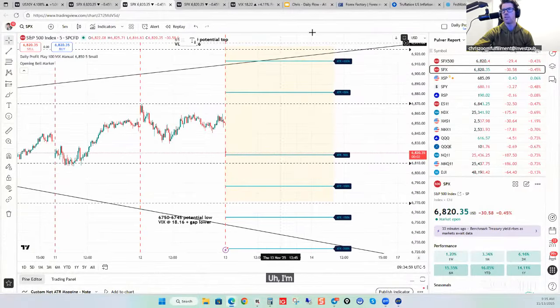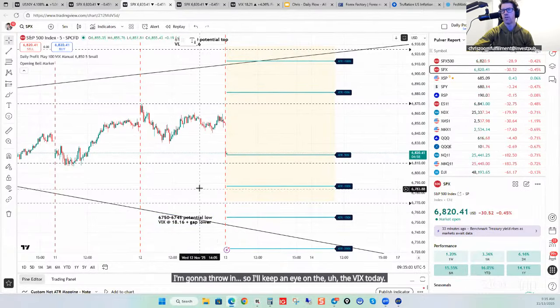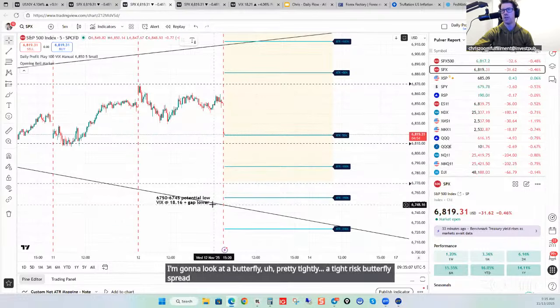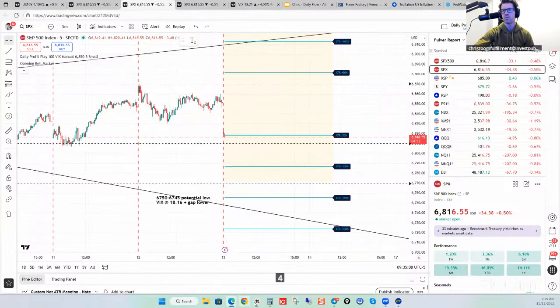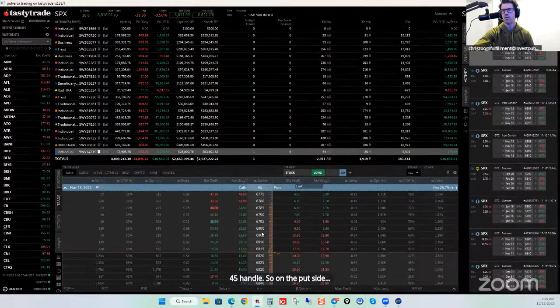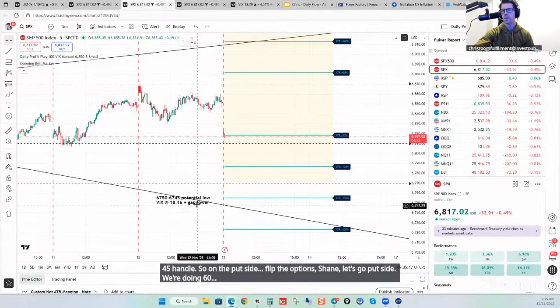I'll keep an eye on the VIX today. I'm going to look at a butterfly, a pretty tight risk butterfly spread around the 45 handle. So on the put side, flip the option chain. Let's go put side. We're doing 67.45 or so.